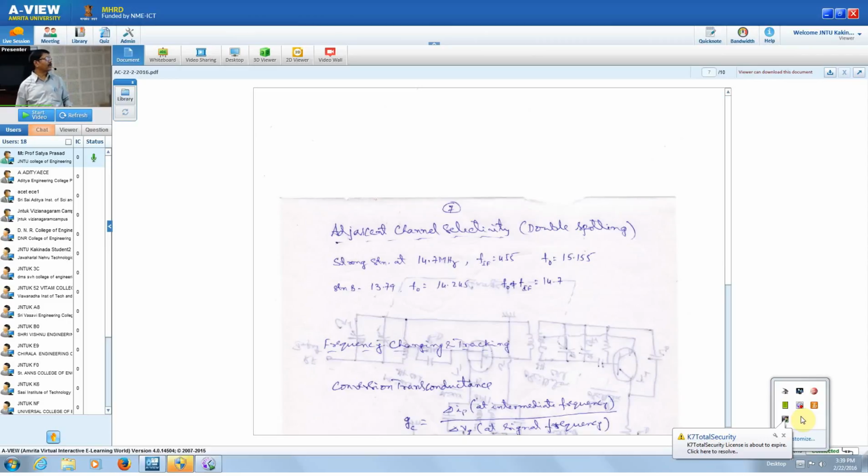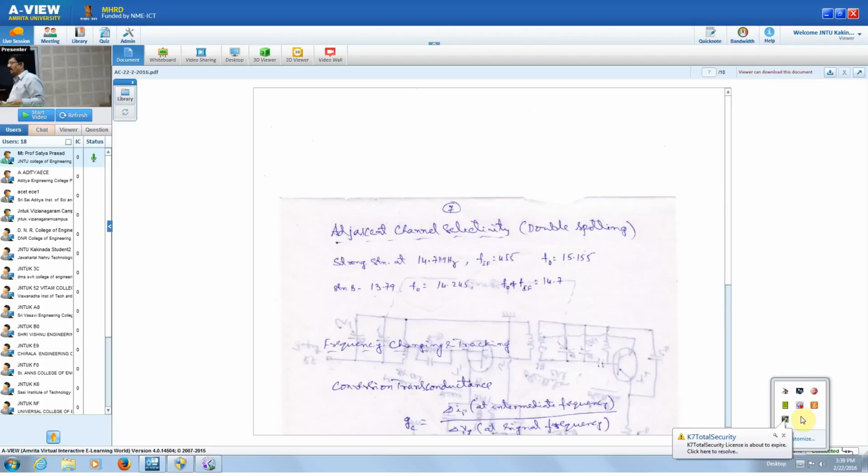What we call double spotting. We use the image frequency to identify what is the signal that has been sent from the transmitter.